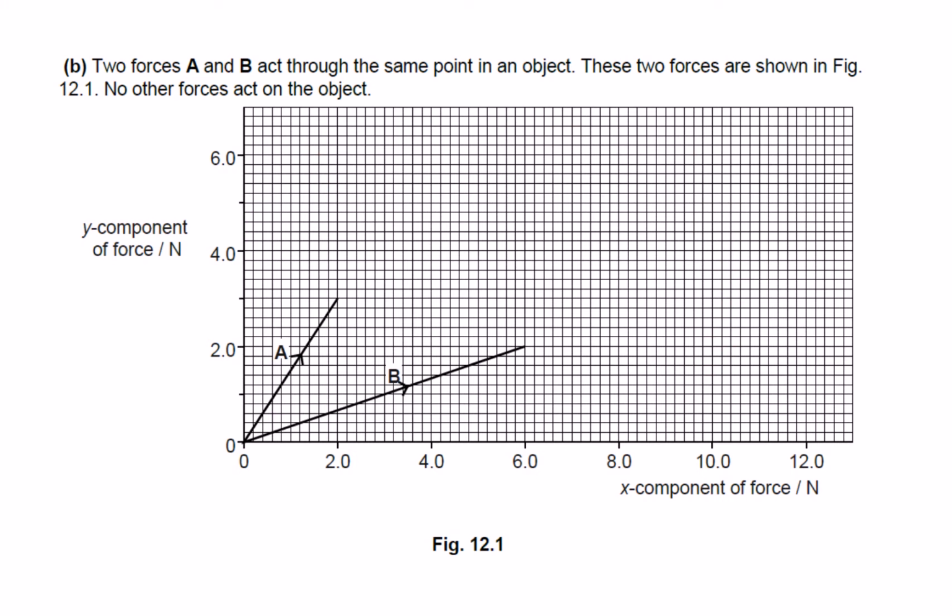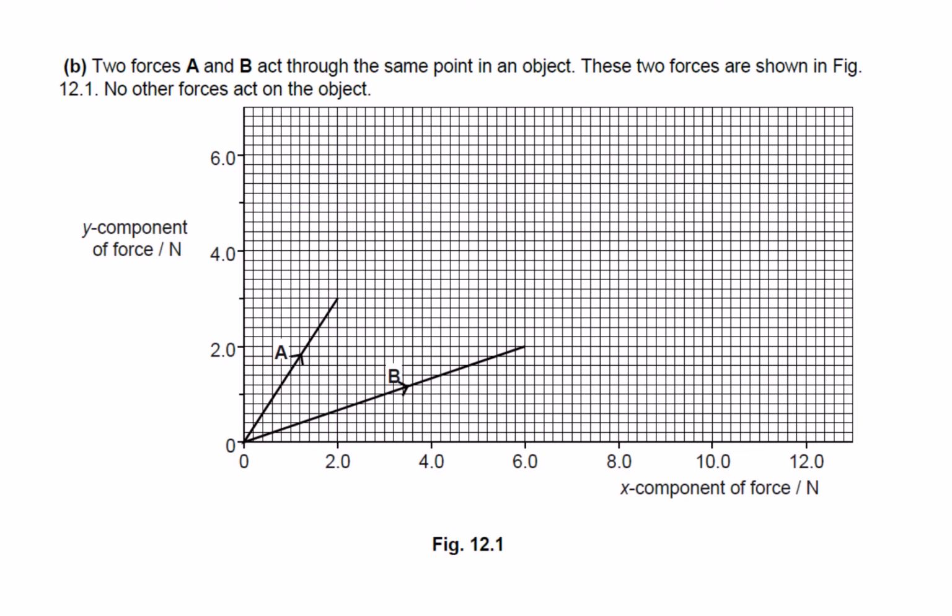Well, we know that B has an x component of 6 and a y component of 2, and force A, if we look, has an x component of 2 and a y component of 3.